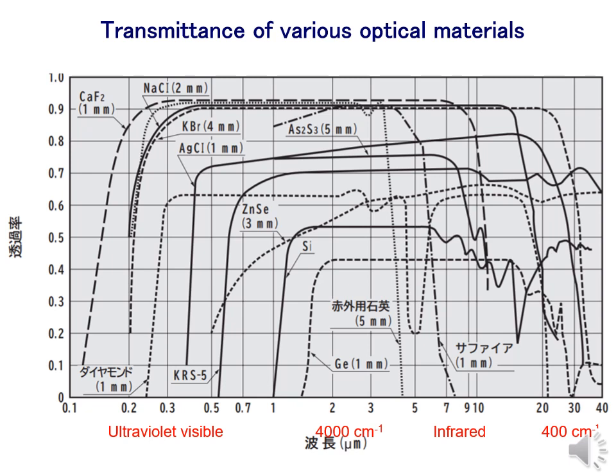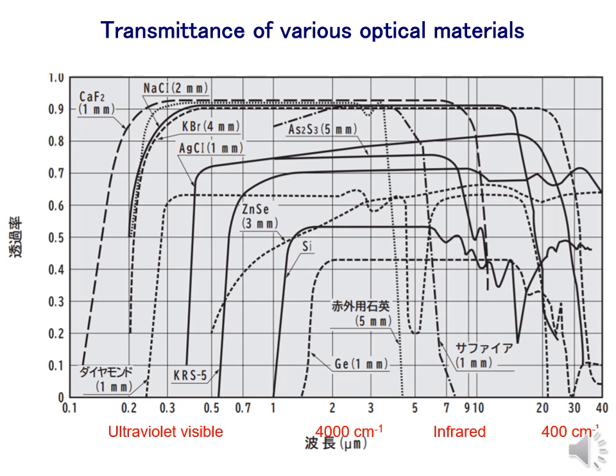Often used is potassium bromide, KBr, shown in broken lines in this figure. It transmits a very wide range of light from the mid-infrared region to the visible/ultraviolet region with high transmittance.